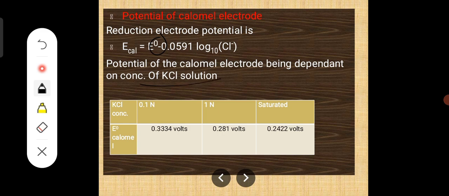If the KCl is 0.1 normal, E standard is 0.3334 volts. If 1 normal, 0.281 volts, and if saturated, 0.2422 volts.